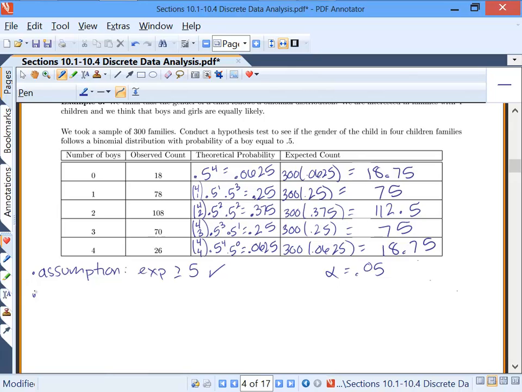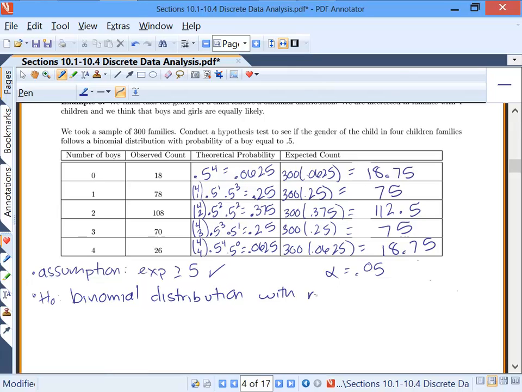I could say the proposed distribution fits my data. I could say all of these theoretical probabilities are correct, or I can be even more specific because of what they asked, because they want to know is the binomial distribution with p probability of equal to 0.5 appropriate for this data set. Okay, and so I could specifically say the null hypothesis is that the binomial distribution with, and how do you find a binomial distribution?